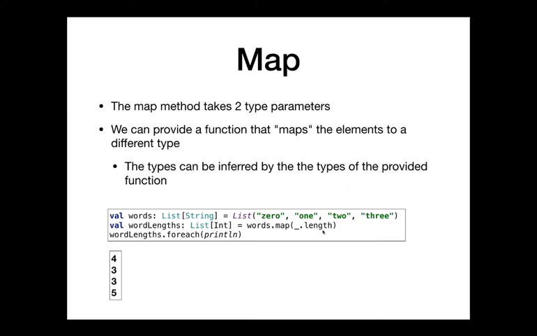I can give map a function as long as the function takes in a parameter of the type of the list that I'm calling this on. The return type can be whatever I want. I can return any type as long as that's matching whatever I'm expecting on the other side. Here I'm just going to take the length of each one of those strings and get a new list with all of the lengths of each one of those strings.